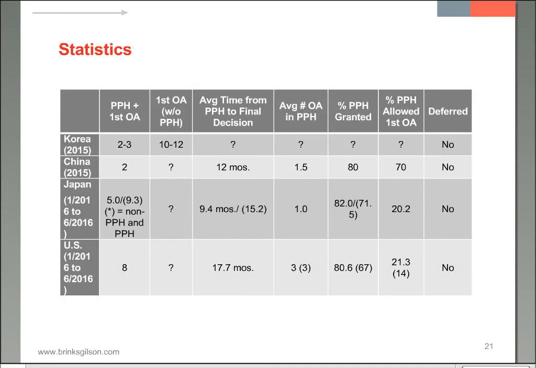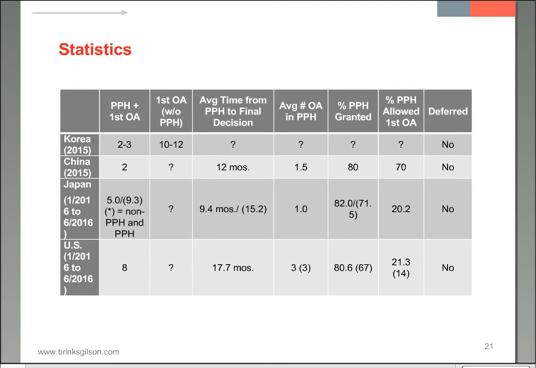Okay, this slide shows some statistics I put together regarding Korean and Chinese applications pending in 2015, and also Japanese and U.S. applications pending from January 1st of this year to June 30th of this year.